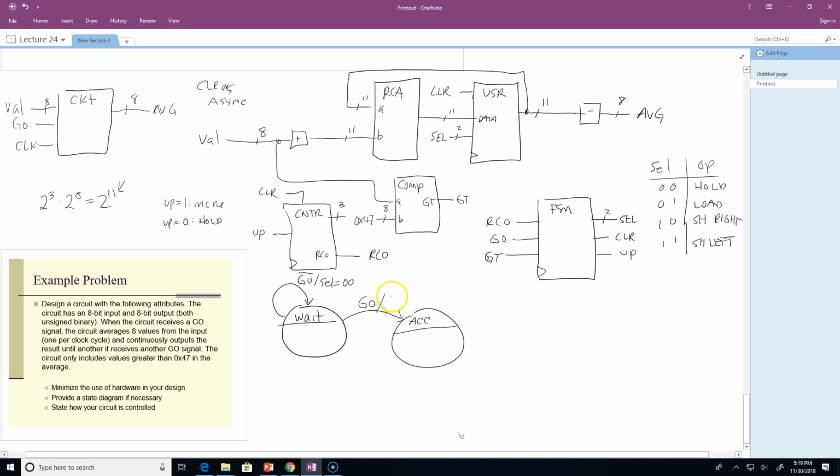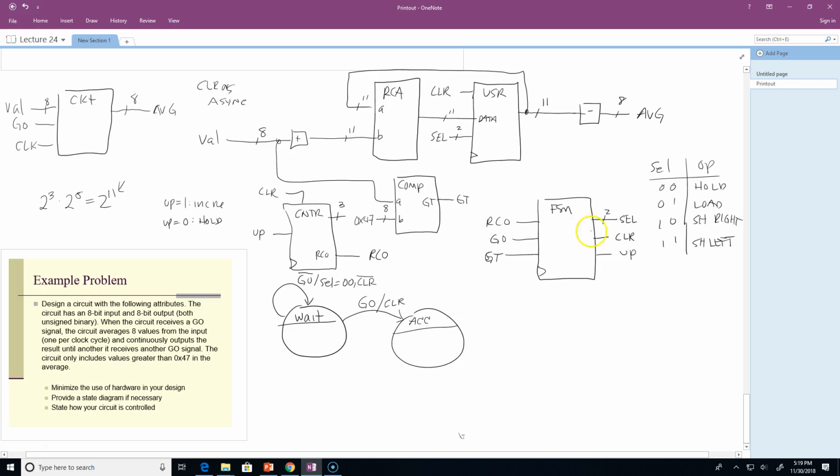That means when I get that go signal, the very first thing I want to do is clear stuff. Which kind of begs the point of if I don't get a go input, I want to verify that I'm not clearing anything. And I think that looks good.